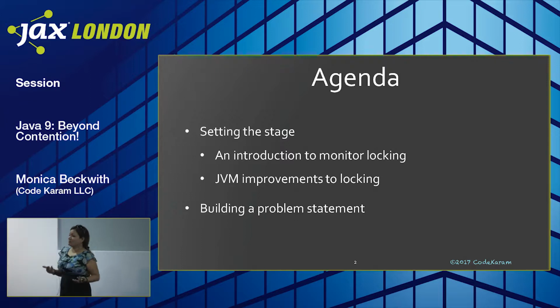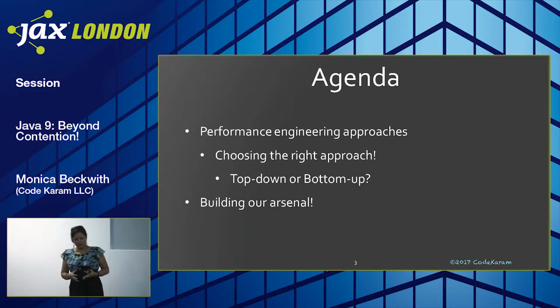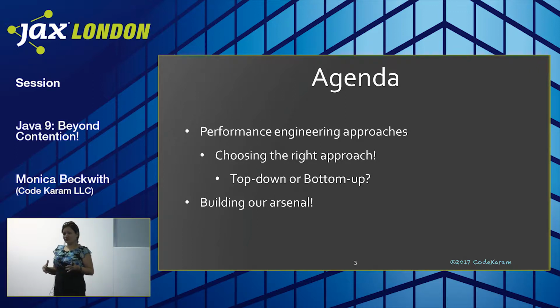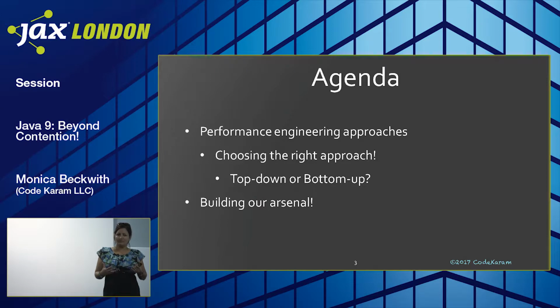My background is performance engineering, so I would like to first explain the improvements, and then I'll walk you through a performance engineering process. We'll try to solve this as if it was a problem given to us as performance engineers, and see how we can measure improvement in performance for contended locking, okay?